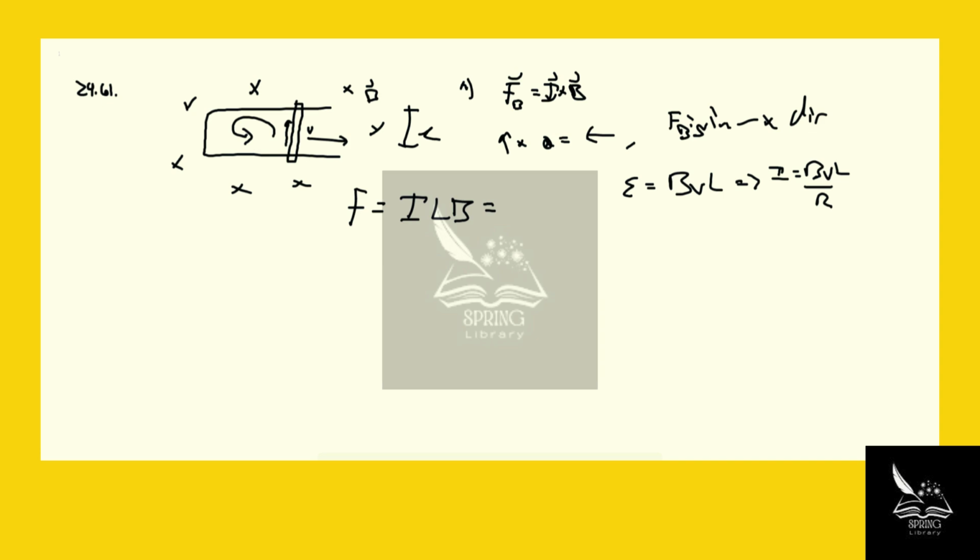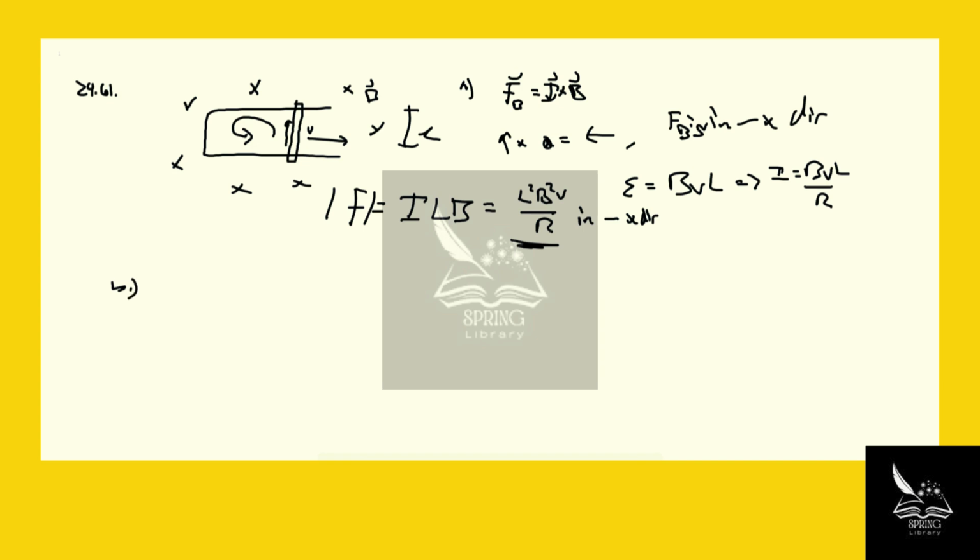So now let's simplify this. We have L squared B squared V over R as our magnitude of force. And this is in the minus x direction. Cool. So now let's go to part B.